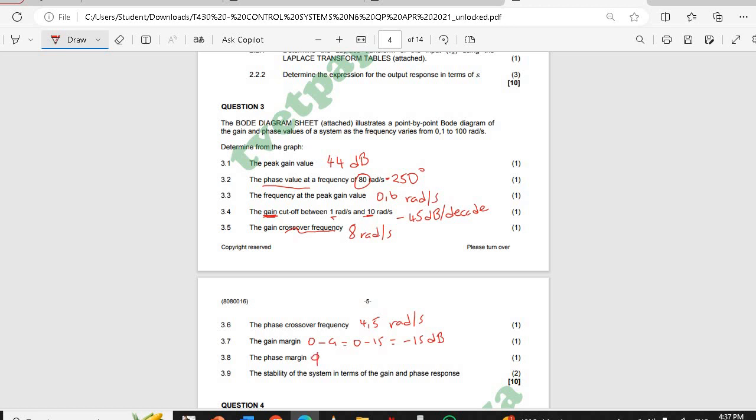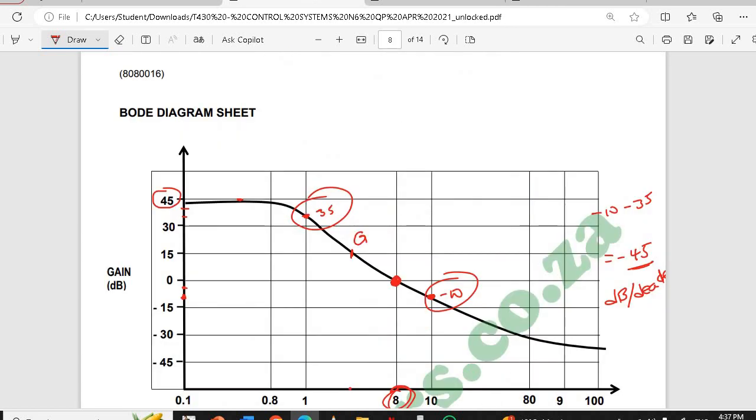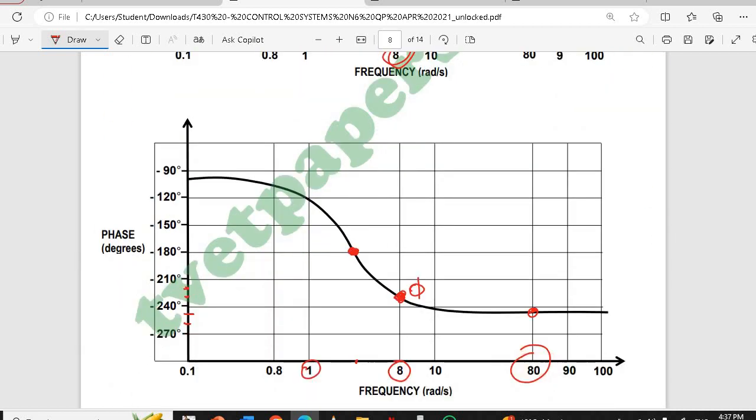Phase margin will be phase plus 180. This phase is the one we get at 8 rad per second, which we also labeled, when your gain is 0, which is here, but under phase. So you go to phase, it's labeled there. It looks like it's minus 235. Also from 210 to 240 we have 220, 230.